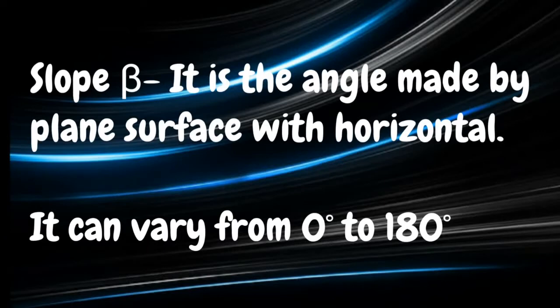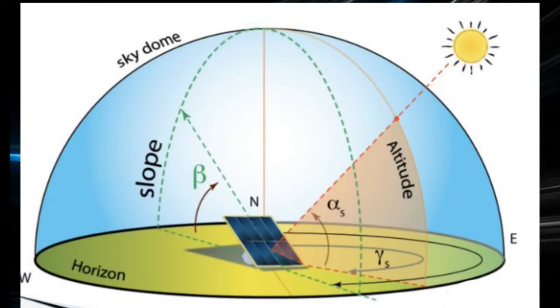In the diagram, the plane is inclined to the horizontal, making angle beta. We can say there is an inclined surface making some angle, or the angle of tilt, or in simple words the angle of inclination. This angle of inclination is known as the slope beta.